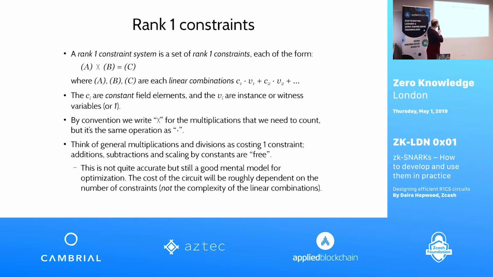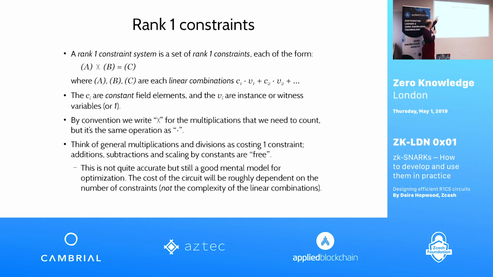So I'm going to use a convention in this talk. It's also used in the Zcash protocol spec. We use this symbol for the multiplication when we're talking about the multiplication of a constraint. And we use a dot when we're talking about a constant multiplication.